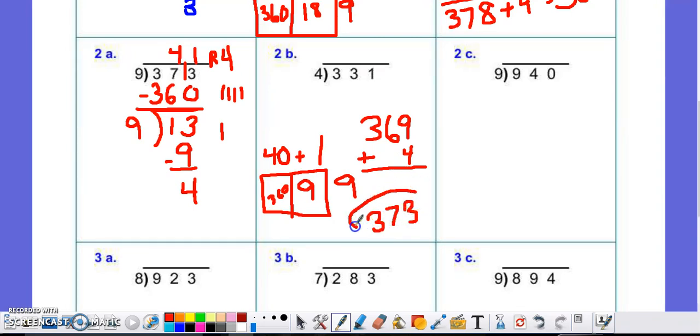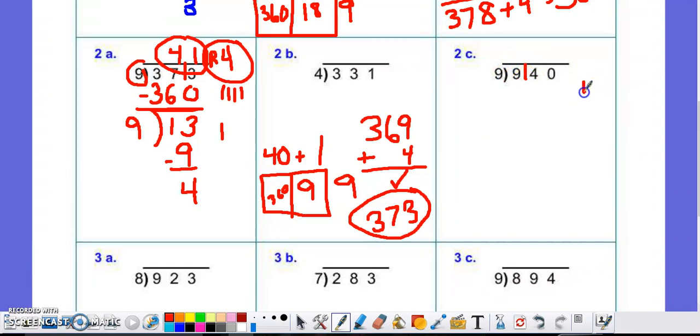So once again, when I multiply my divisor by my quotient and add my remainder, my dividend should equal my multiplication answer.